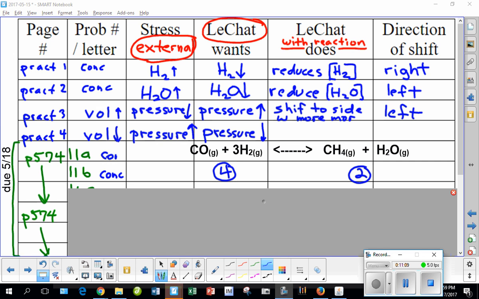Left that out, sorry. And now we shift, S-H-I-F-T. Oh, I did have the T in. Okay. With more particles. And here we're shifting.